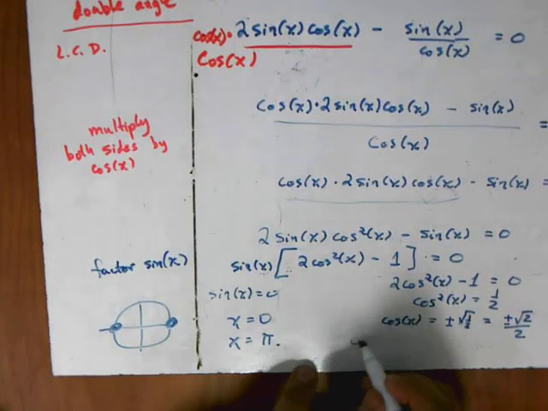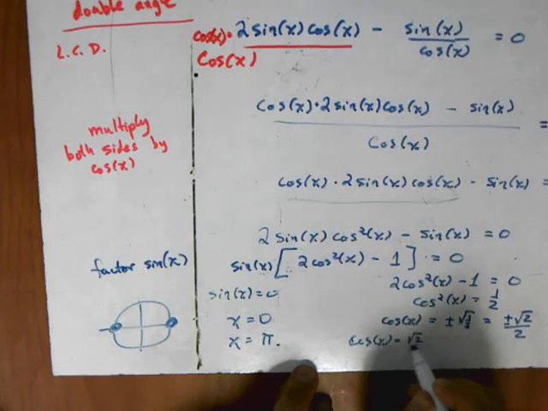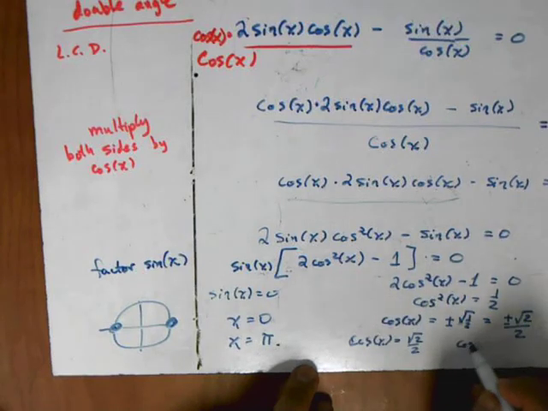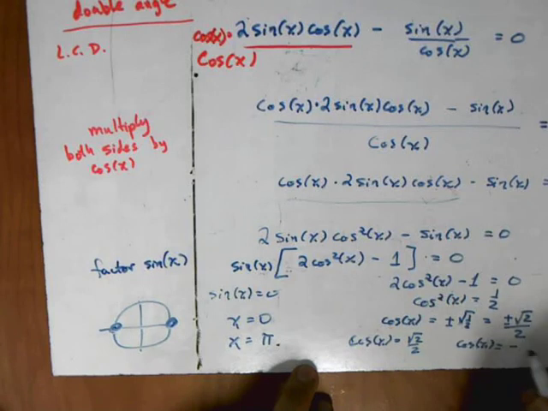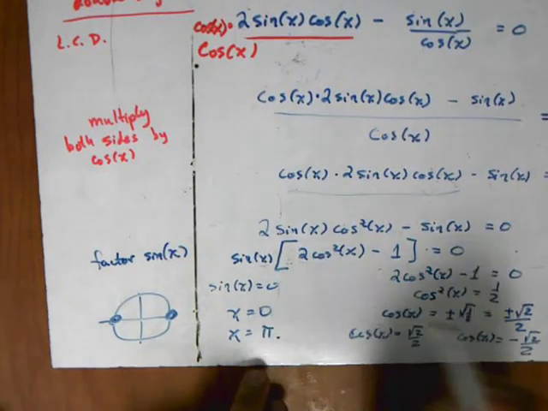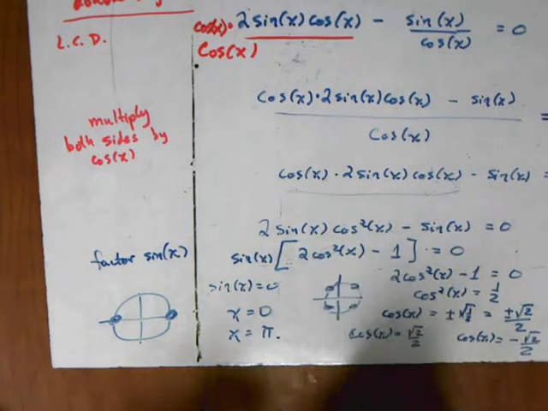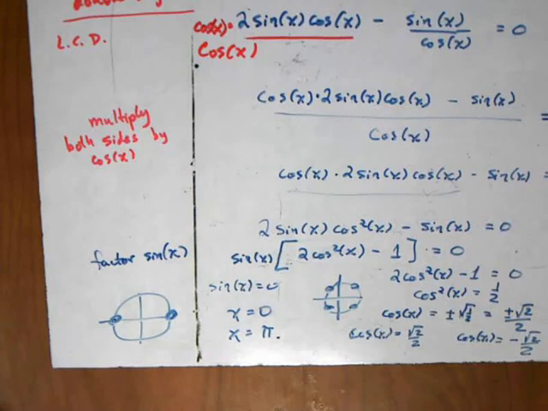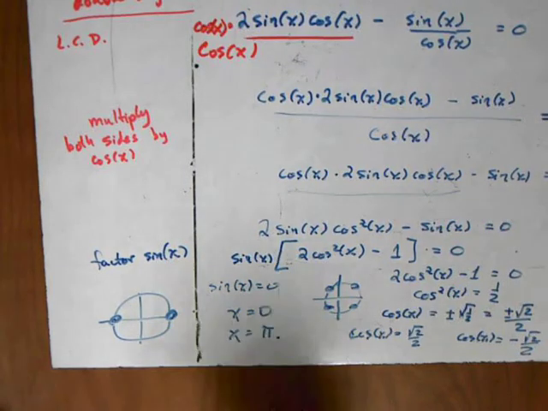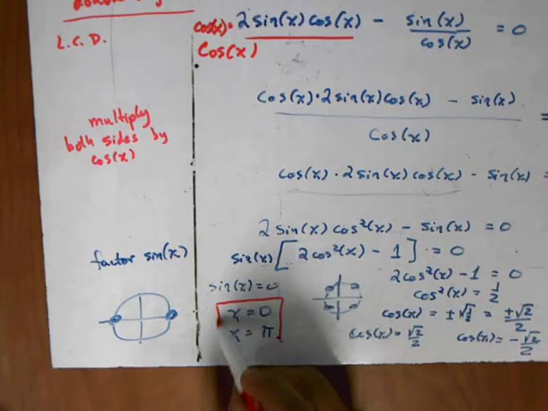So I now have cosine x equals root 2 over 2, and cosine x equals negative root 2 over 2. If I check the unit circle, it's basically all of these points here that are a quarter of the way around. Let me use a different color here, since things are getting kind of cluttered already.